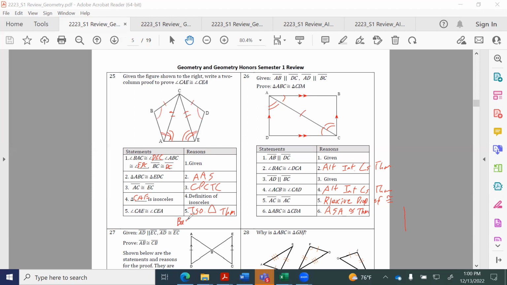Again, this book switches up on us. So, it could be either isosceles triangle theorem or base angle theorem. Either one of those is possible. All right, let's go to 27.